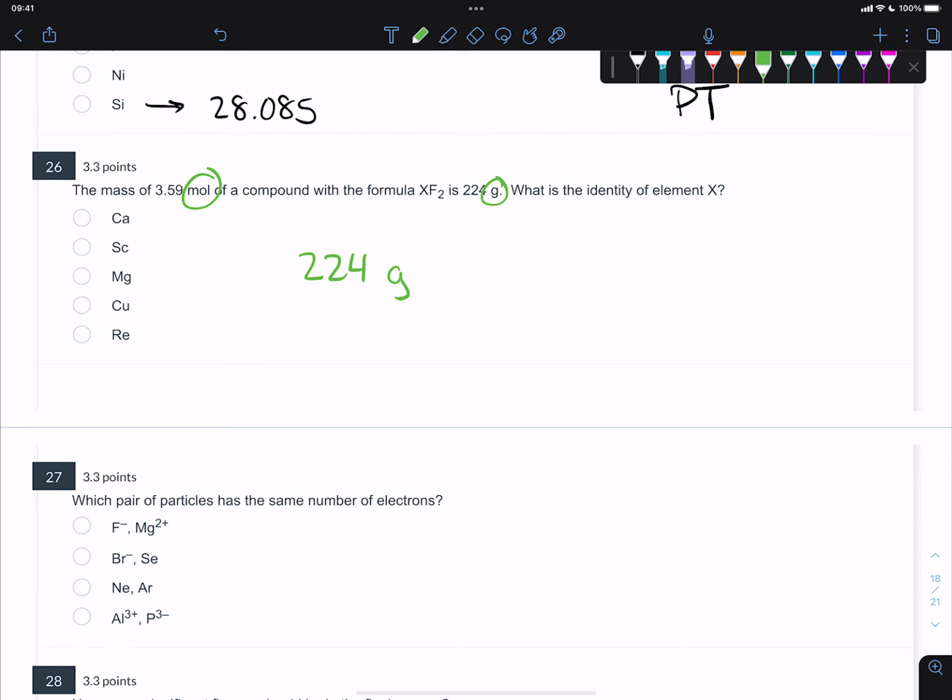224 grams divided by 3.59 moles is going to be, I'll do it on my calculator, 224 divided by 3.59 is 62.3, let's just call it 62.4 grams per mole.